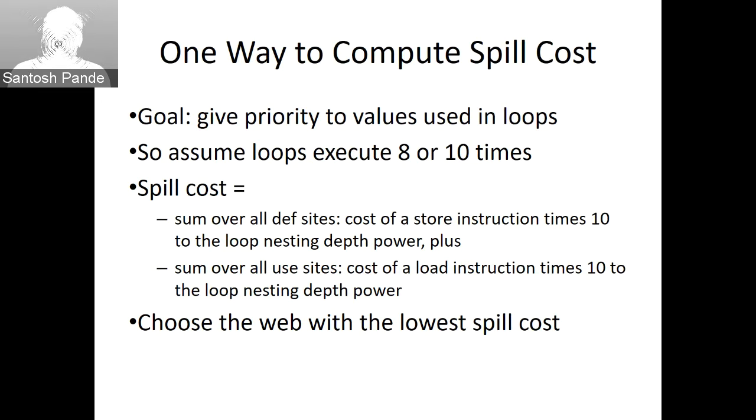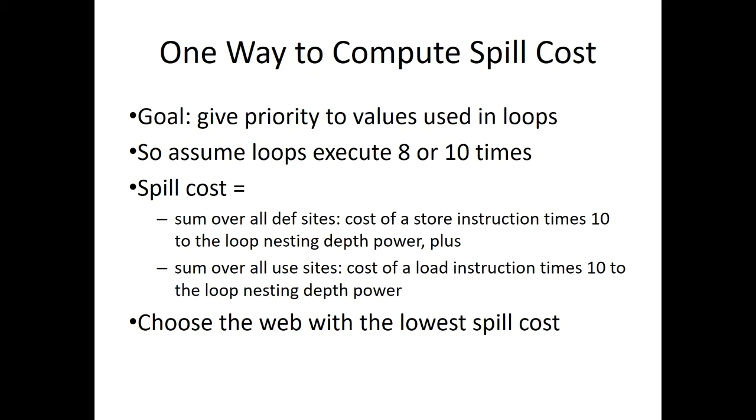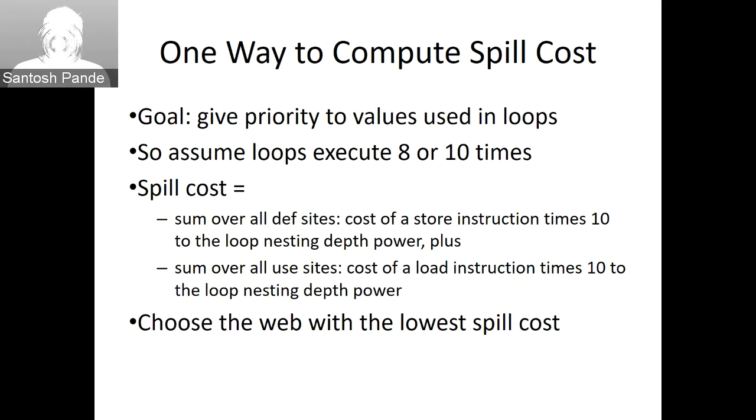If each loop were to execute 10 times, and it's D deep, then it's basically 10 to the power D. Similarly, we also look at all the use sites, the load instructions, and then again weigh them 10 to the D. And we sum all these loads and stores for each web.